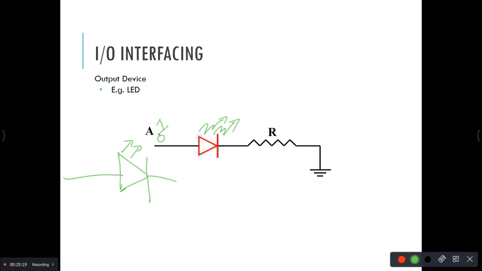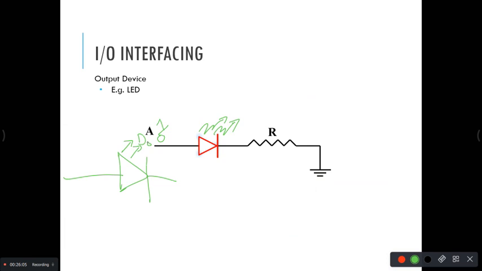So now how do you make your microprocessor turn this LED on and off? I want to make this LED on and off. Let us use IO mapped IO. What data should I give to make this LED on and off? Imagine that this is connected to D0. Can you tell me which instruction is supposed to be executed by the microprocessor?